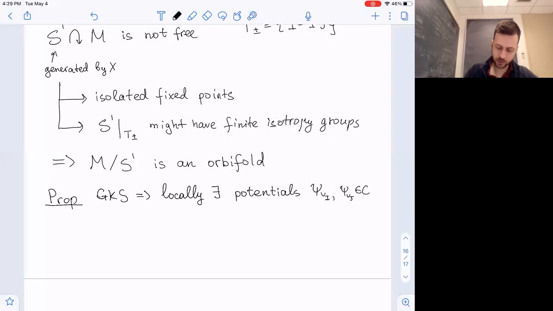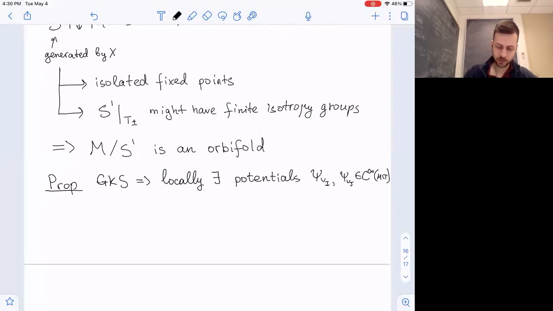These are just smooth functions, and they will be supported on M minus T. So they live on the non-degenerate locus of the generalized complex structure, where I is not plus or minus J.